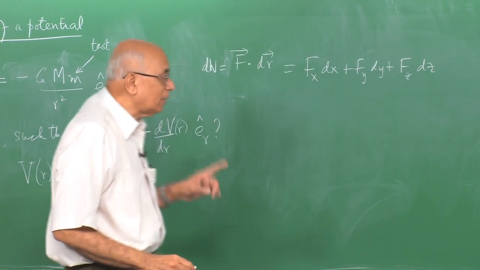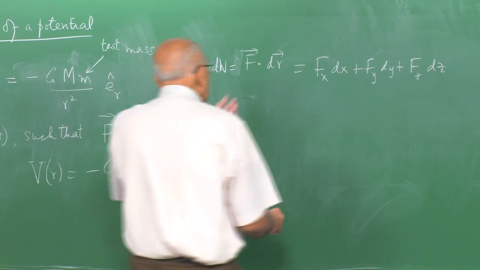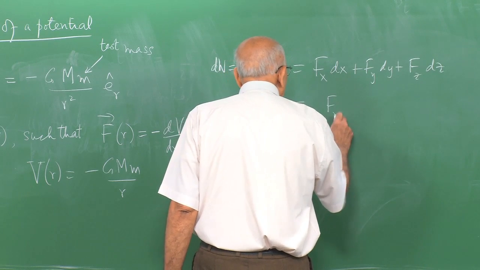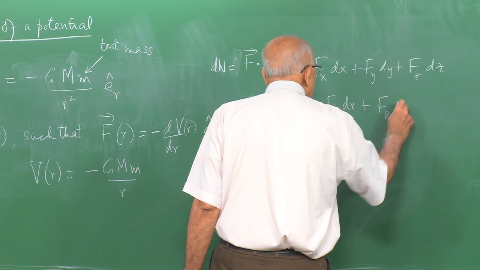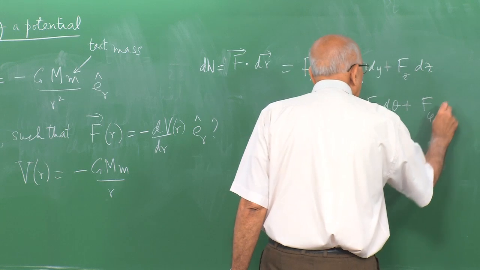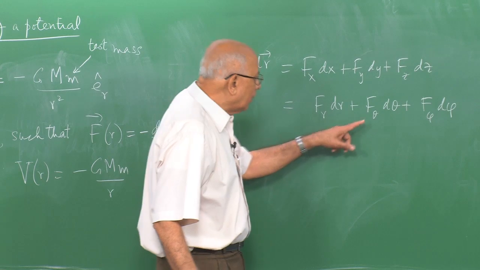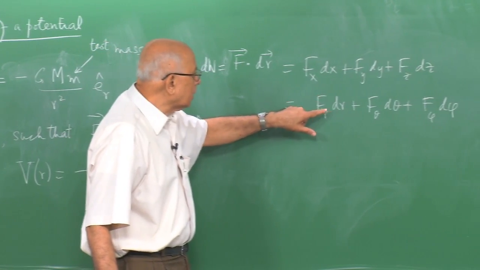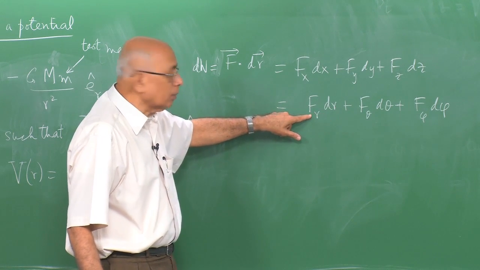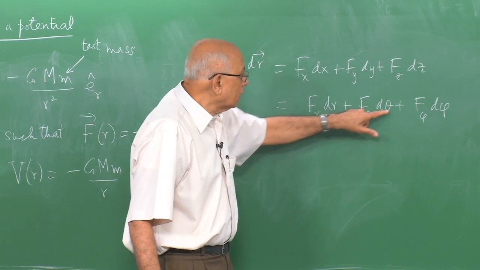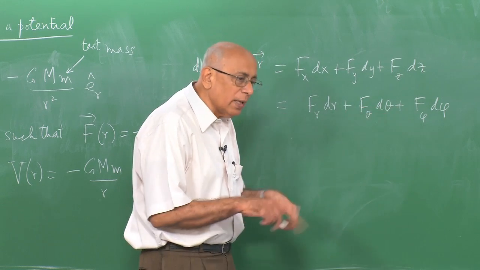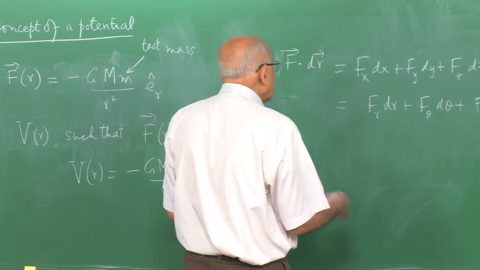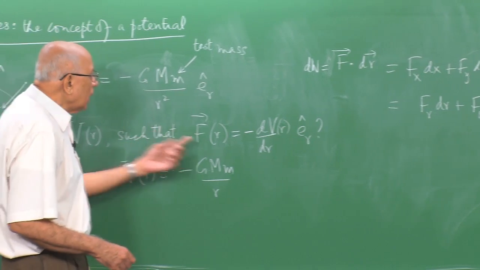In general, there are three independent coordinates x, y, z, or if I were to write this in terms of spherical polar coordinates, for instance, this would be equal to Fr dr plus F theta d theta plus F phi d phi, with appropriate dimensions for Fr, F theta and F phi, remembering that d theta and d phi are dimensionless quantities, while dr has dimensions of length, so these components will already have force times length as physical dimensions in them, and that's got to be remembered.